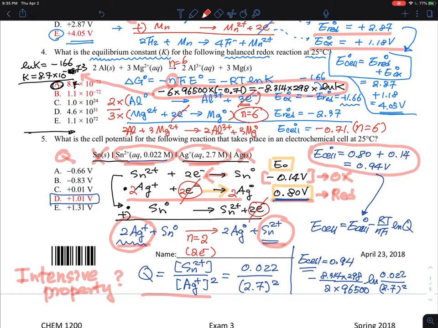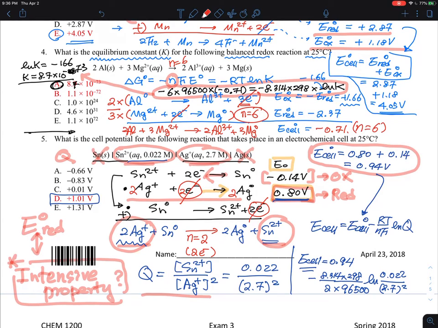And as I explained in other cases, you can do a little bit more study and make sure that E naught reduction is an intensive property. So it doesn't matter whether you multiply this one or not, this value remains as it is.